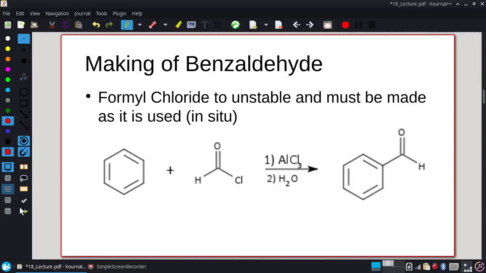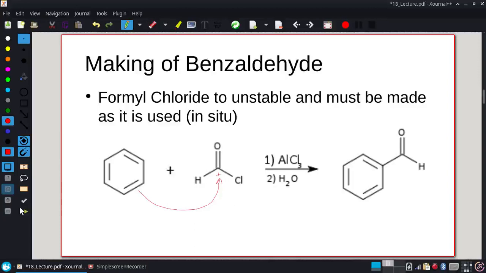Alright, we can do this with a very small carbon, so a single carbon. But unfortunately, formyl chloride, which is what we have here, is very unstable. So this reaction, written like it is, looks like it's fine, it would form that positive charge, which is what gets attacked by that benzene ring. Unfortunately, the formyl chloride is not very easy to make.